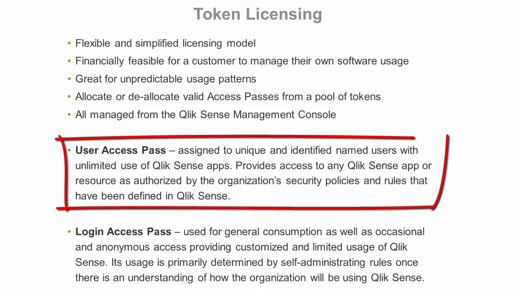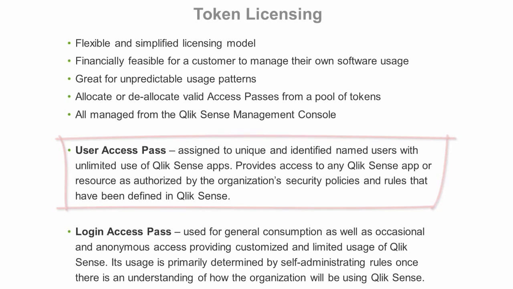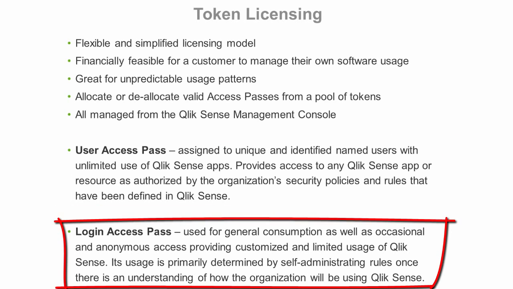A user access pass is assigned to a unique identified named user that has unlimited access to Sense apps, streams, resources, etc. A user with this pass pretty much logs in daily, creates, analyzes, and shares a variety of content on a frequent basis. Now, a login access pass is used for general consumption, anonymous access, temporary users.